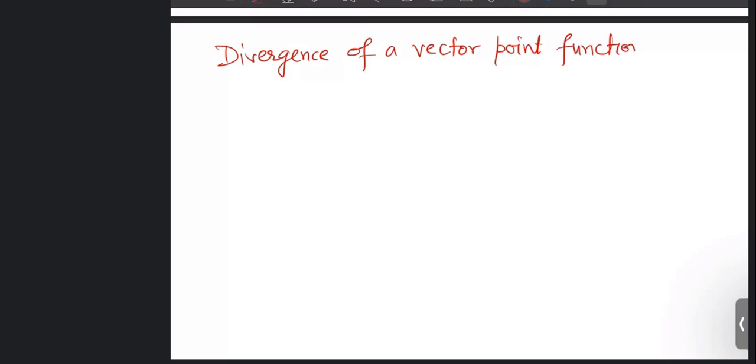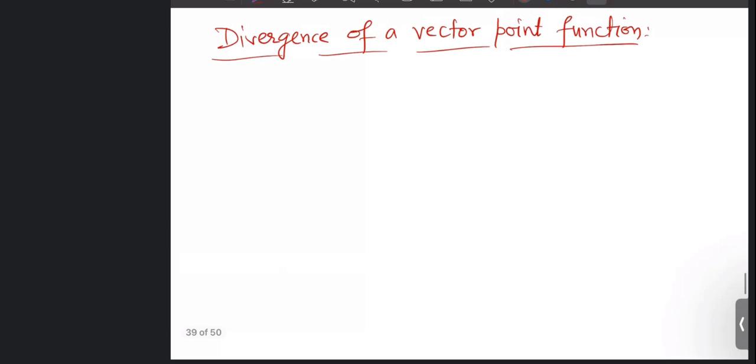Our next topic will be the divergence of a vector point function. It means when the del operator, which we have already discussed, is applied on a vector point function in dot product, then it is named divergence.